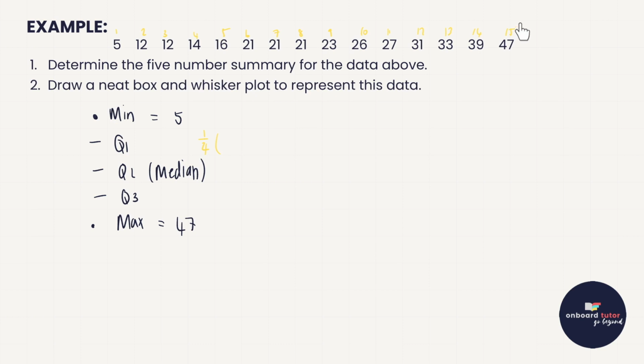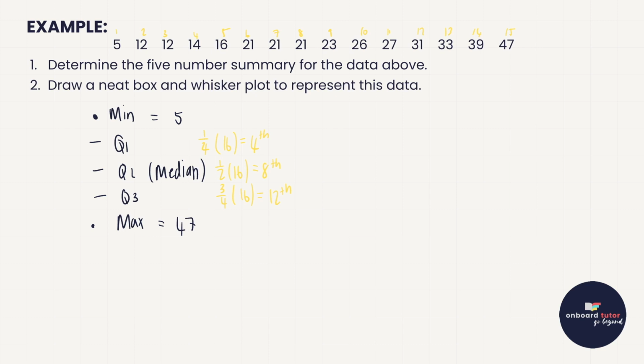That's why I wanted to work out how many scores there are. 15 plus 1 is 16. A quarter of 16 tells me it's in the 4th position. The median will be a half times 16, so in the 8th location. And finally, 3/4 times 16, the 12th.